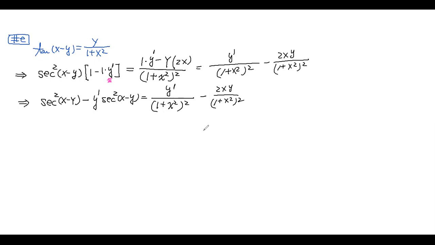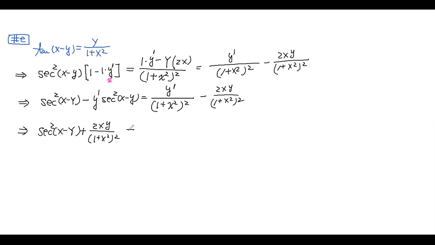So I move everything with the y prime to one side, the other to the other side. So I said that this is secant squared x minus y plus 2xy over (1 plus x squared) squared, right?